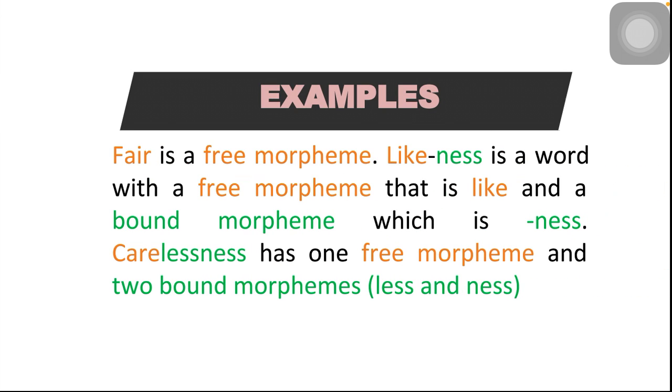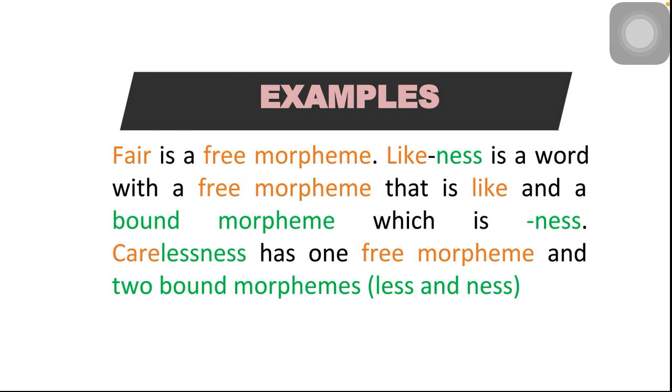So, for example, fair. Please be mindful of the color legends in this example. A free morpheme is a morpheme that can stand alone, and a bound morpheme can't stand alone. The free morpheme is in the orange legend and the bound morpheme is in the green legend.